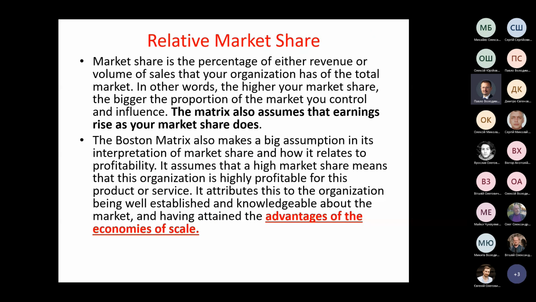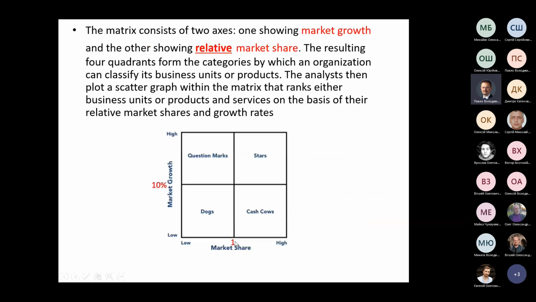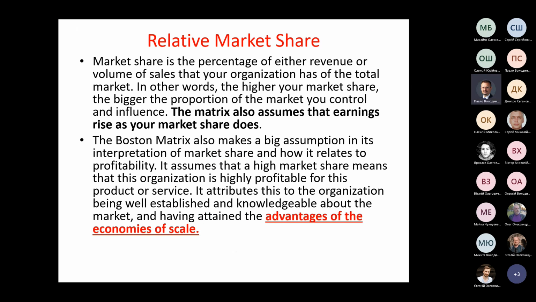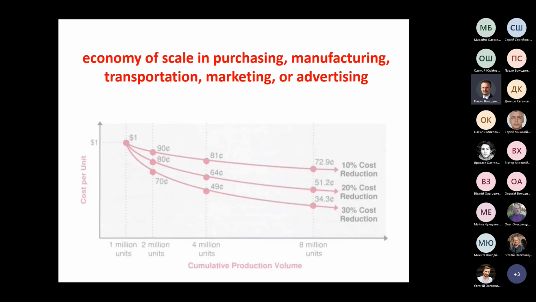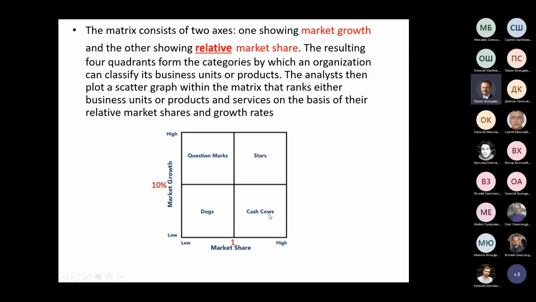The first is here. Relative market share. But what is more important, usually people think that if the strategic business unit is here, so we are the biggest company in the market, and for example our sales are twice bigger compared with the next company in the market.